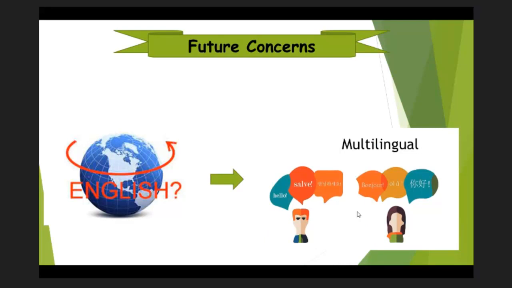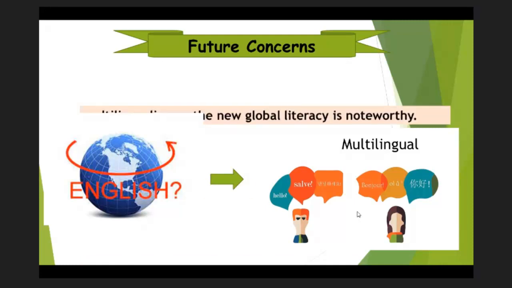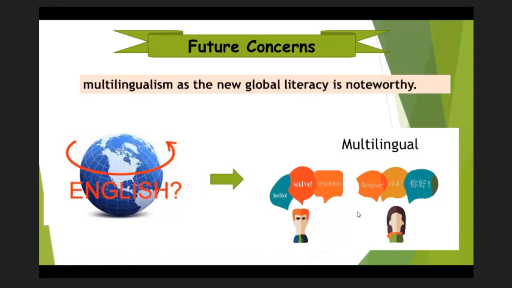There are many big companies and organizations like Microsoft, ETS, or foundations. They state that multilingualism as the new global literacy is worthy. More and more people are concerned about multilingualism.